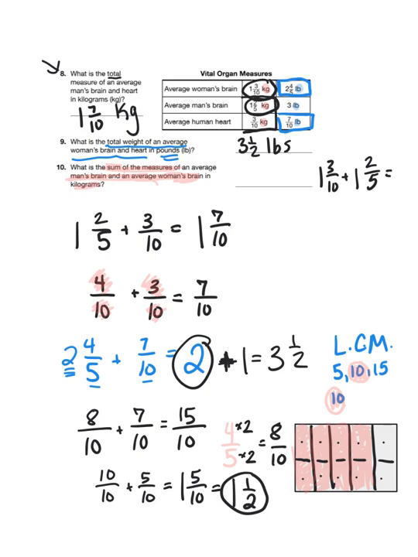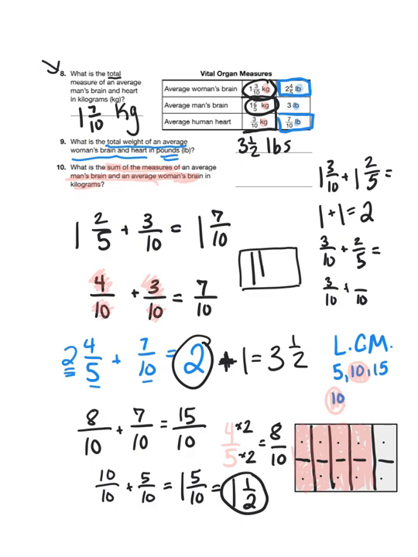So if you combined those two brains, you would be doing 1 plus 1 gives you 2. 3/10 plus 2/5. 3/10 you can leave alone. 2/5, how many tenths is that going to be? 2/5 is the same as how many tenths?